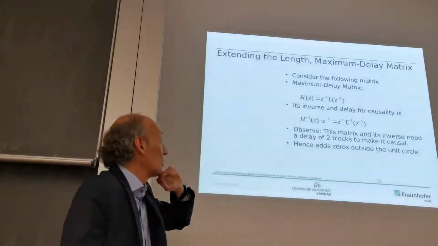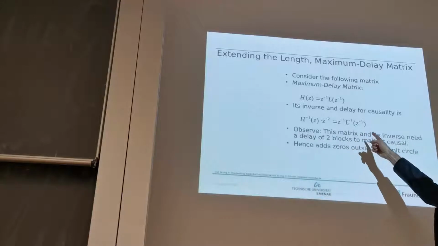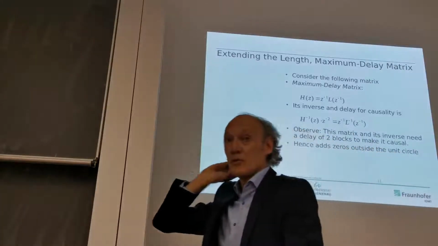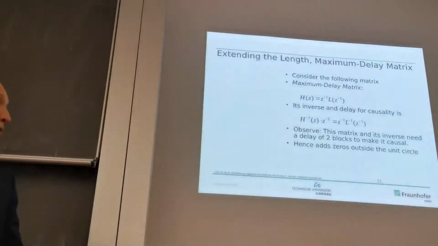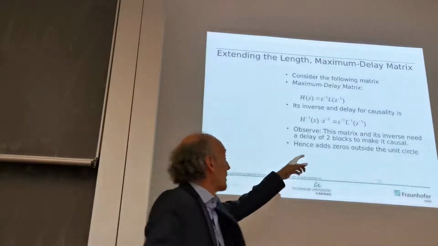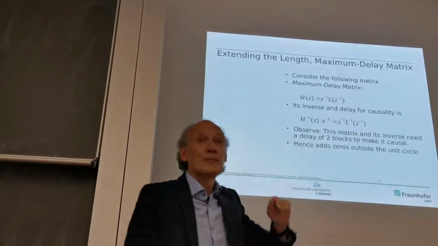Right? And the same for the inverse. So the inverse here is still the same as before, but since we replace z by z to the minus 1, we need to have this z to the minus 1 to make it causal. And in total, matrix times inverse matrix hence needs two delay elements, hence we get z to the minus 2.